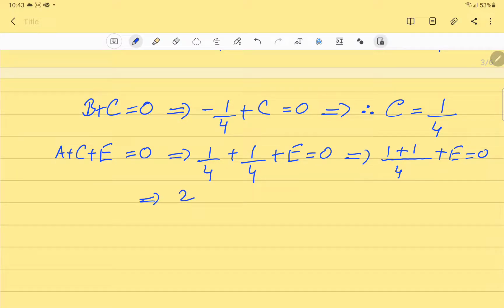So we have 2 over 4 plus e is equal to 0. This cancels and it becomes 1 over 2, which means e will be equal to minus 1 over 2.